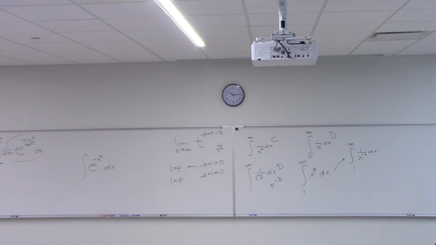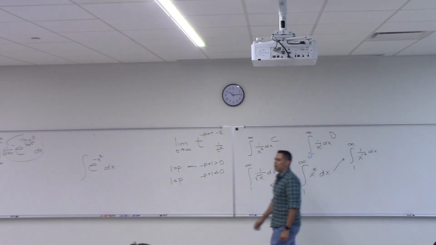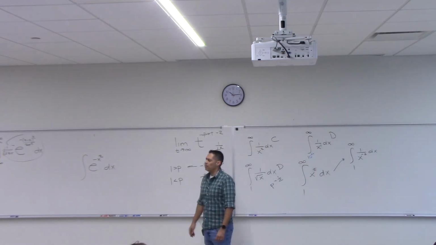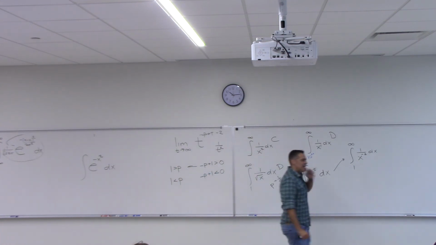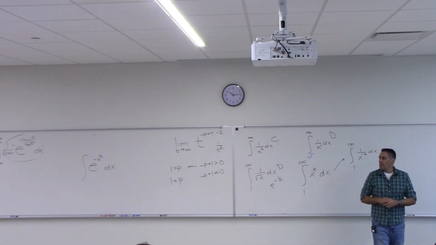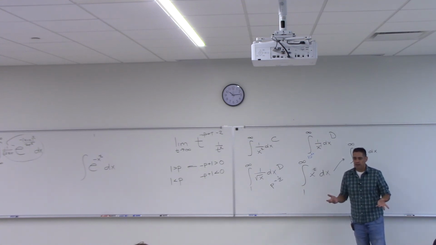So if I do in here antiderivative of e raised to the negative x squared, we are going to get 1 over 2 times the square root of pi times erf x. What's erf? Erf is an error function. So that's basically the computer saying, hey, look, I can't do it, all right? I can't do it.